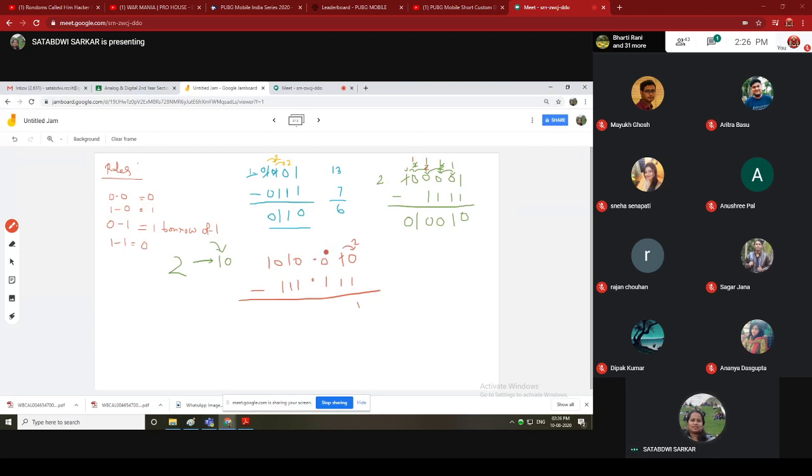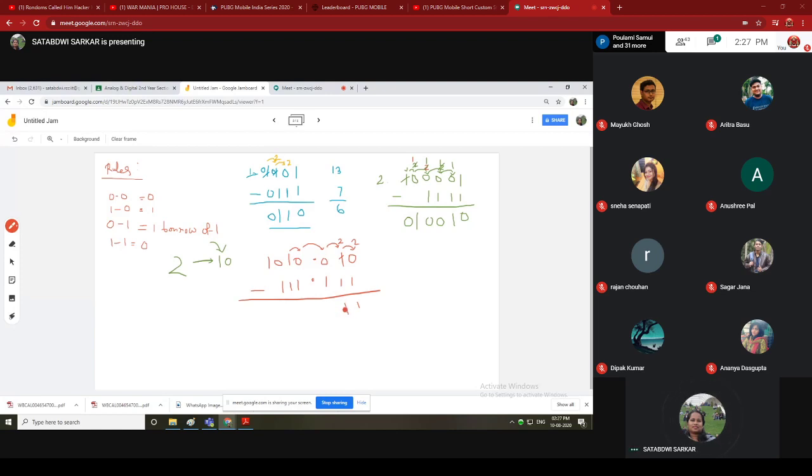The left hand side bit has 0. Again here it is also 0. So here is 1, so we have to borrow 1 from here. So now it becomes 2 or 10. So 2 minus 1 becomes 1.